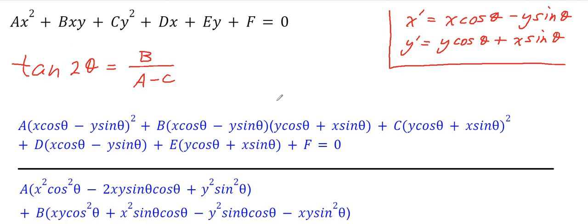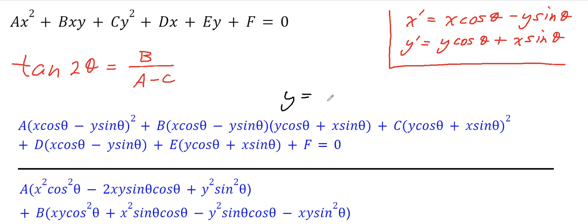I'll illustrate just real quickly with a parabola. With conic sections, we have parabolas, ellipses, and hyperbolas. Well, if you substitute these into just a parabola, I'm just going to look at the x part here.